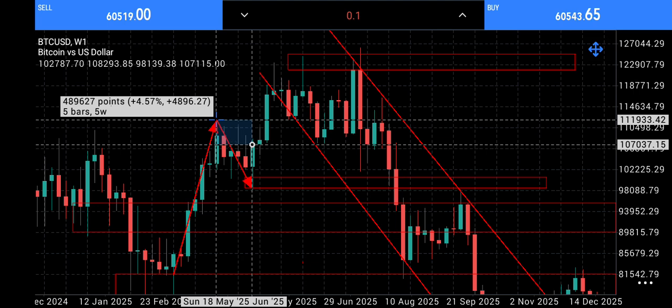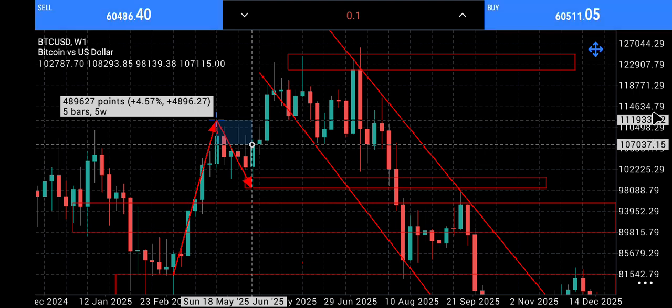And our previous area of resistance, the price was 111,933.42.